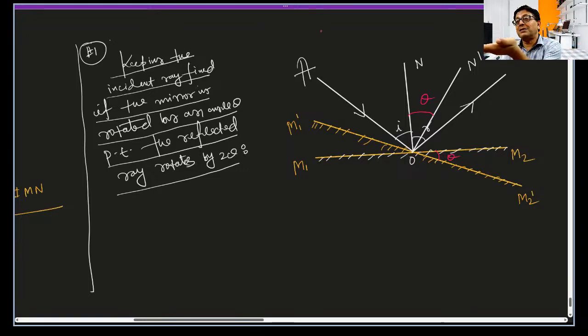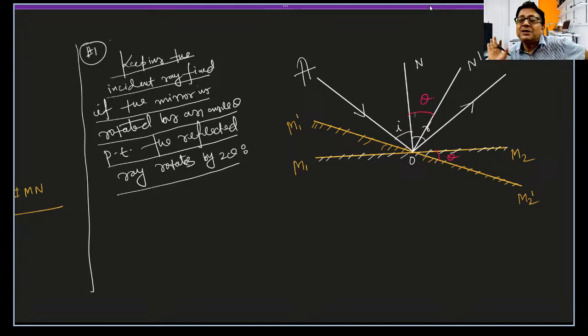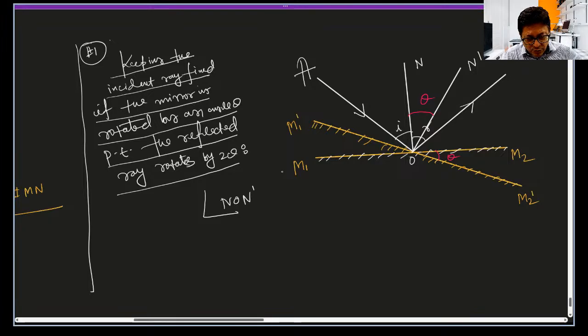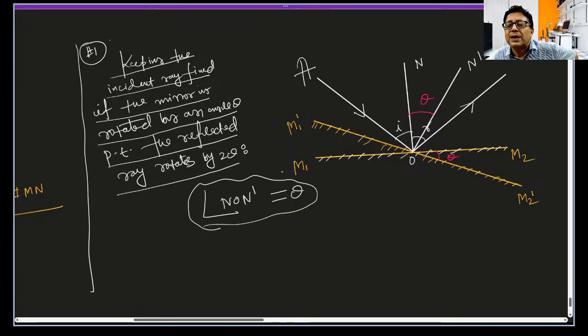Being a class 12 student, you understand? If I rotate the mirror by theta, the normal to it also gets rotated by an angle theta. So in this diagram, angle NON dashed is equal to theta. That is true. Clear?